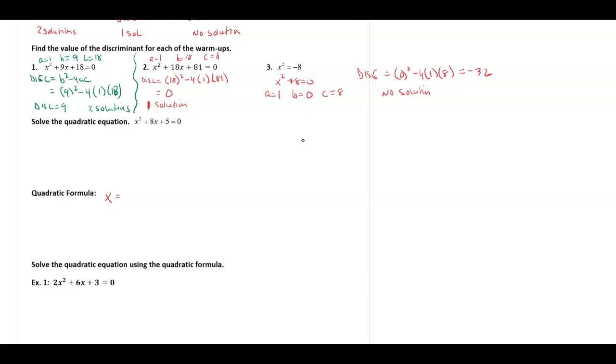So the quadratic formula is x equals the opposite of b plus or minus the square root of, it's technically b squared minus 4ac, but we say the discriminant, all over 2 times a.